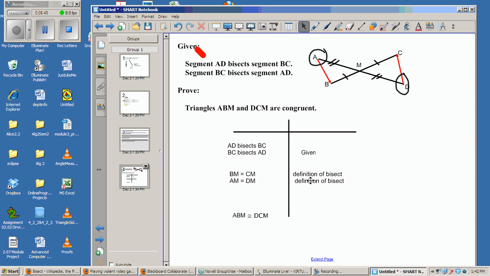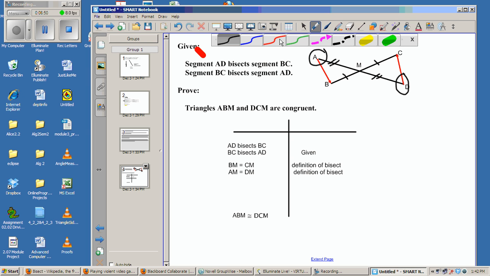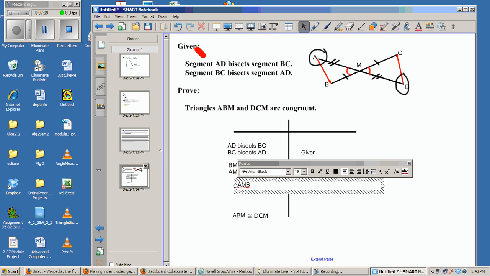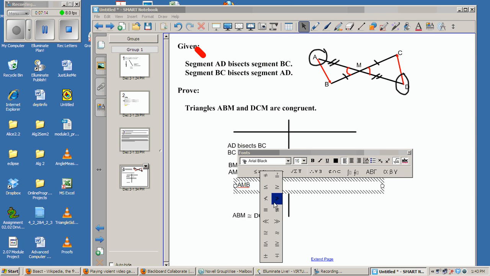I also happen to know that because of vertical angles, angle AMB is congruent to angle DMC, and that's because I know something about vertical angles.